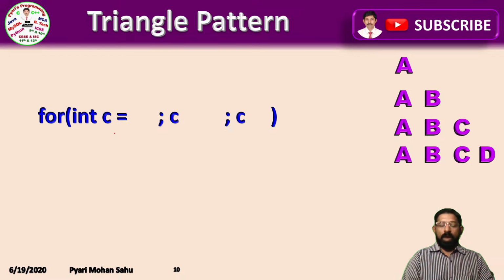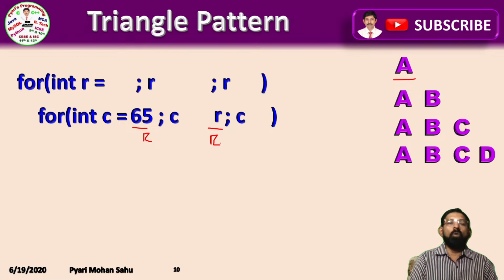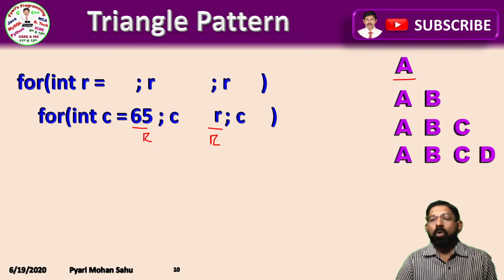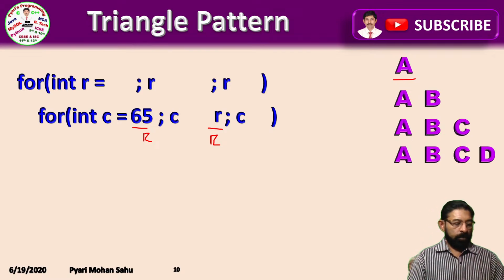So here int c is equal to 65. Why? Because the ASCII value of A is 65. So that's why the inner loop will start from 65. Obviously this will be my R. Then I will think about the outer loop R value. What is the outer loop R value?